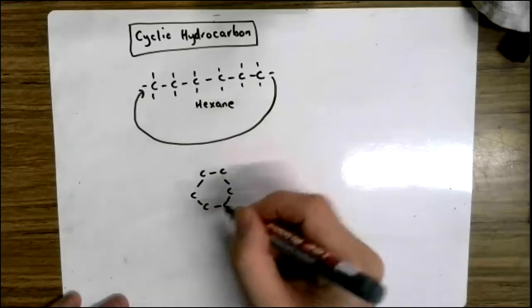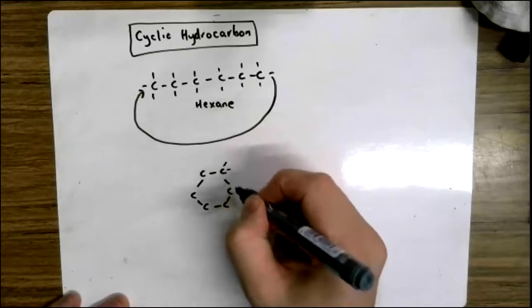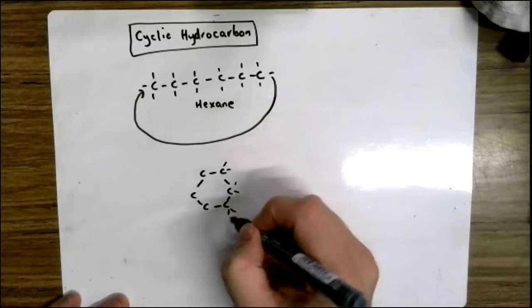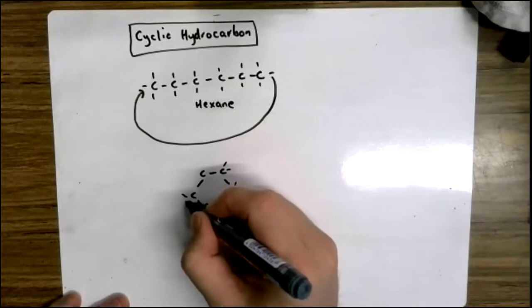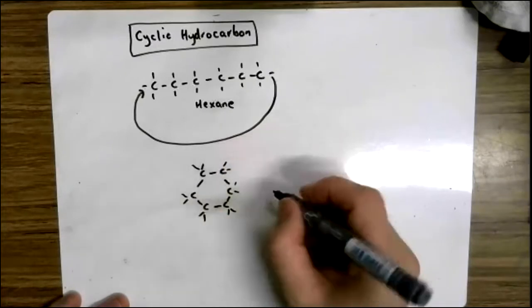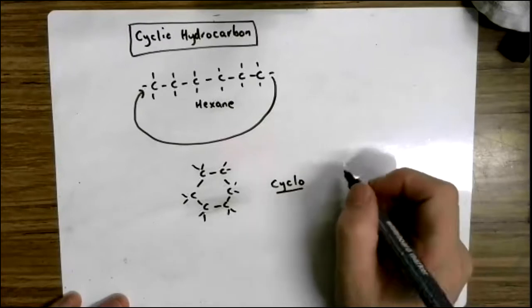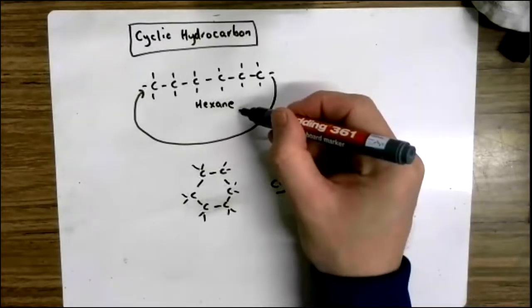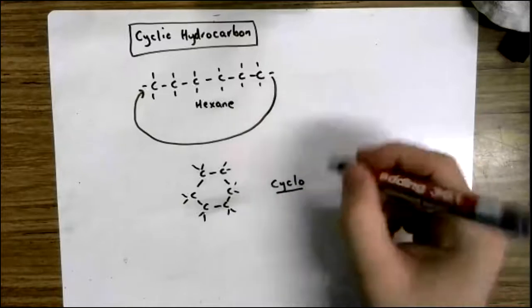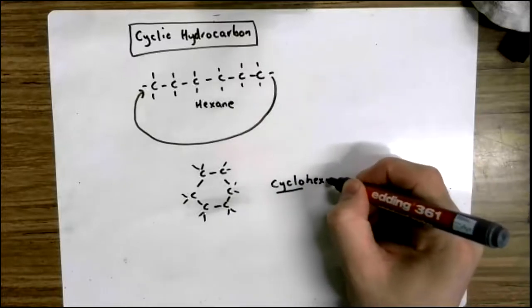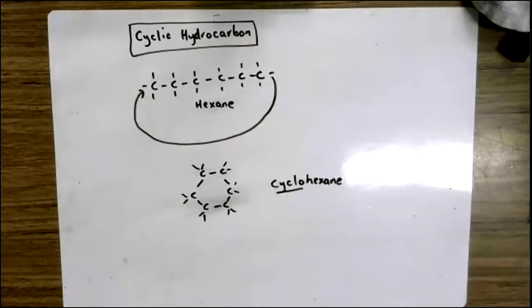Now, anytime we have a cyclic hydrocarbon, its name is going to begin with the word cyclo. So if this was hexane, then this is going to be cyclohexane. Cyclohexane still contains 6 carbon atoms, and they're all singly bonded, and they're in a closed ring.